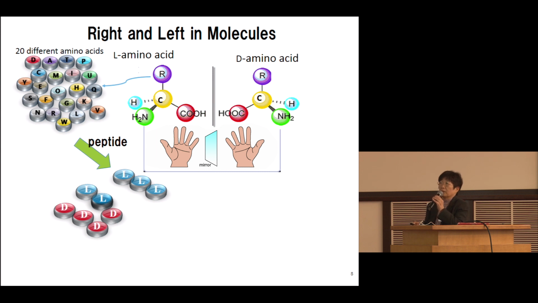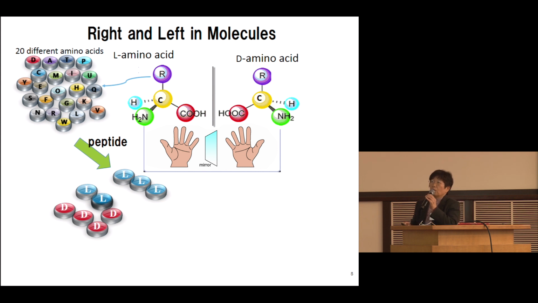This is very important. On the primitive Earth, the chemical and physical properties of L and D amino acids were exactly the same. L amino acid means a left-handed structure, and D amino acid means a right-handed structure. On the primitive Earth, the left-handed and right-handed structures were in exactly the same amount.